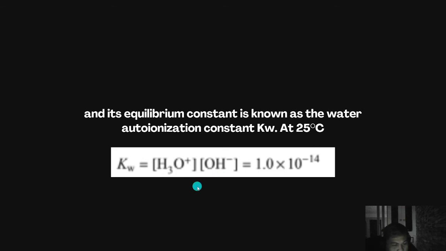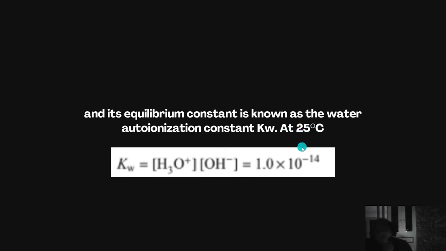Kw is equal to [H3O+][OH-], which is equivalent to 1 times 10 raised to negative 14. How did we get this? It comes from the given temperature. This Kw constant is temperature dependent.